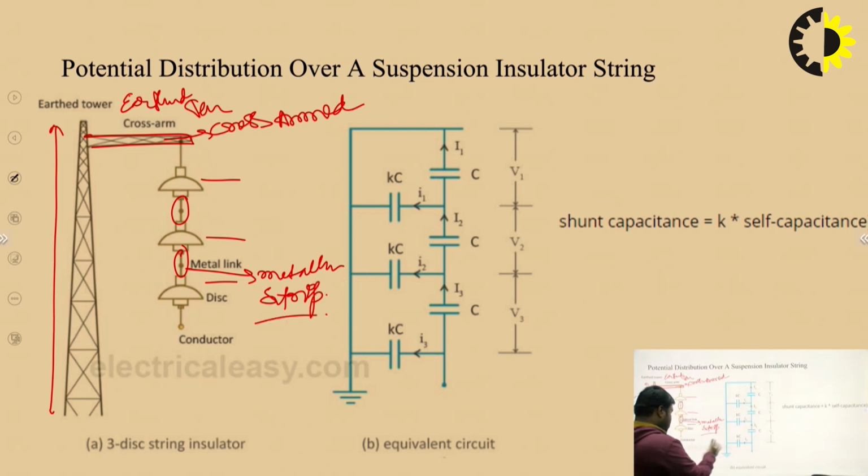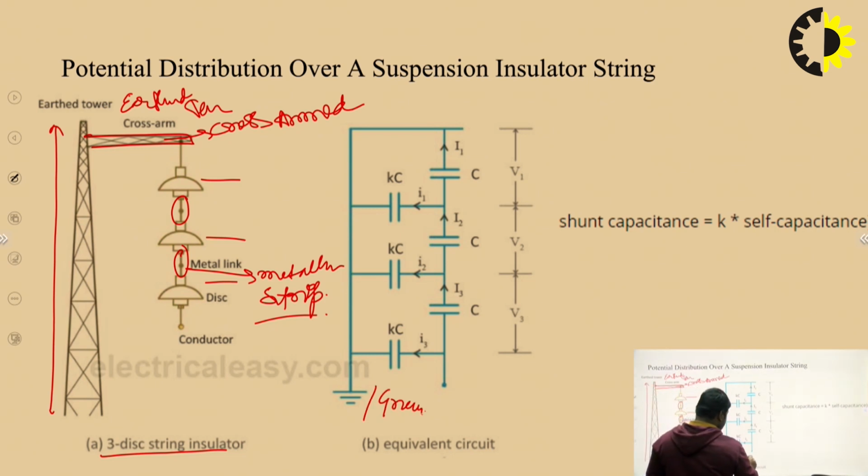So the equivalent circuit of a 3-disc string insulator is like that. This is the ground or earth, and this is replaced by capacitors C, KC, KC, KC, and this is the first branch, second, and third.